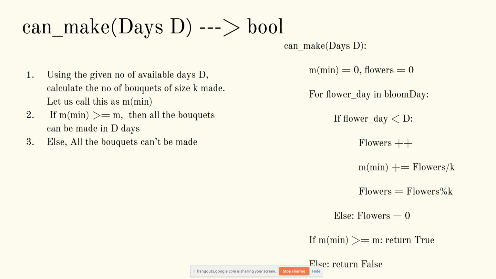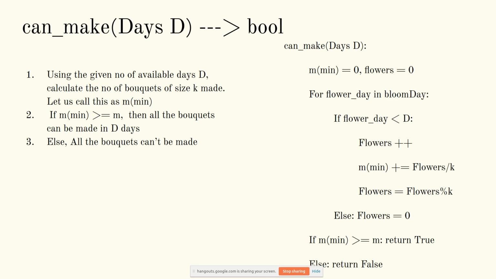When incrementing, we count only the adjacent flowers which bloom within the D number of days. Only those flowers, when continuous, can be used. So that's the reason we have put the condition flower day less than D.